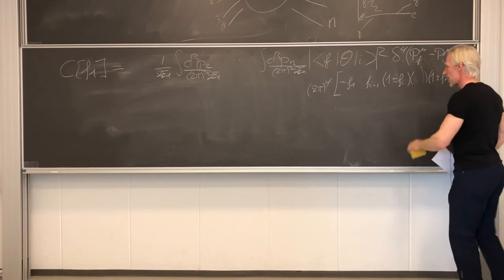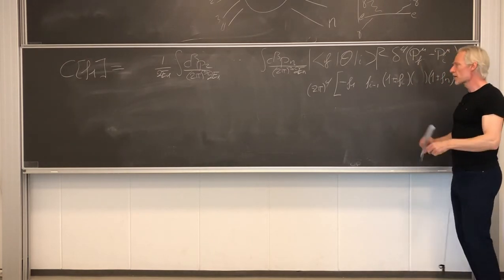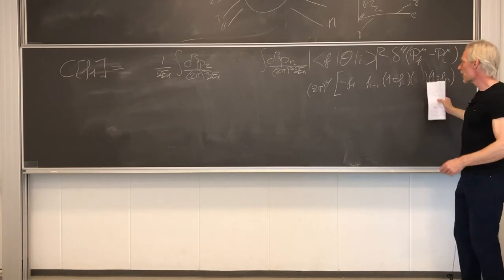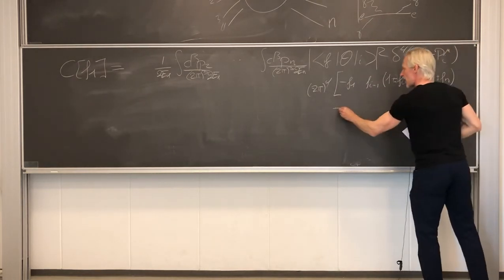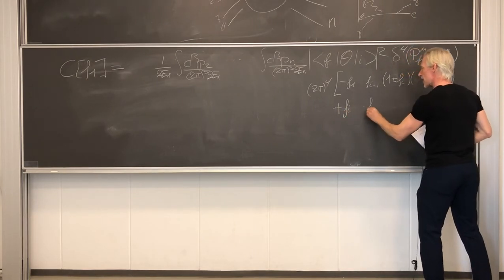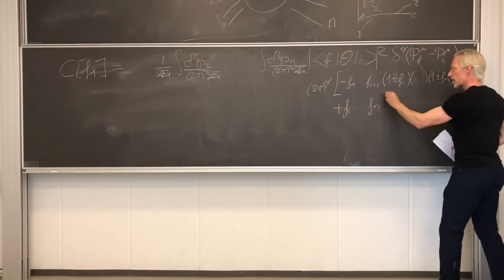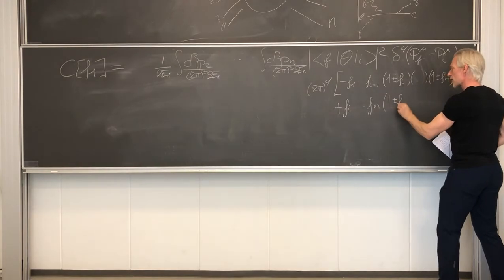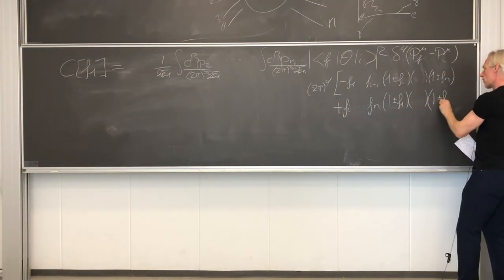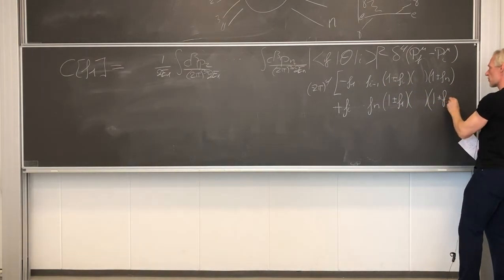Except, of course, I now also have to worry about the process running from right to left. And that means I have to completely mirror what I have here. So I now have a plus, and then I count all the states from i up to n. And then I have my Pauli or stimulated emission factors for all the other states up to i minus 1.